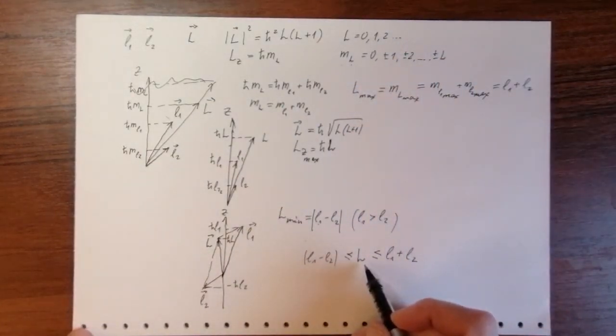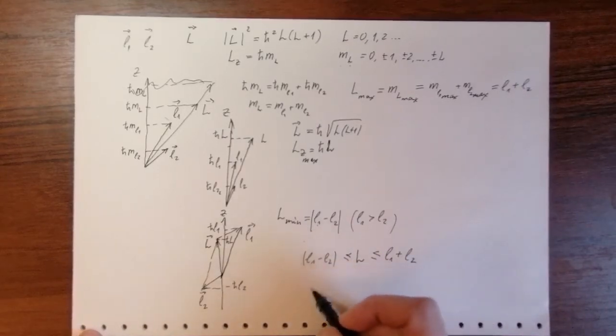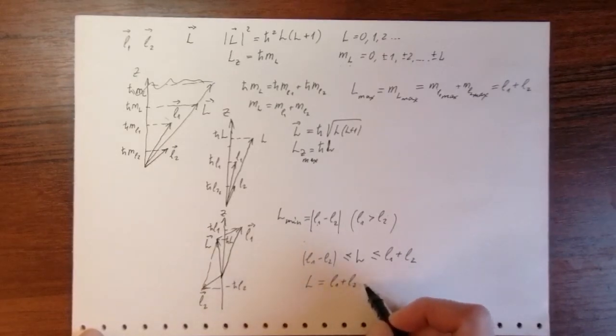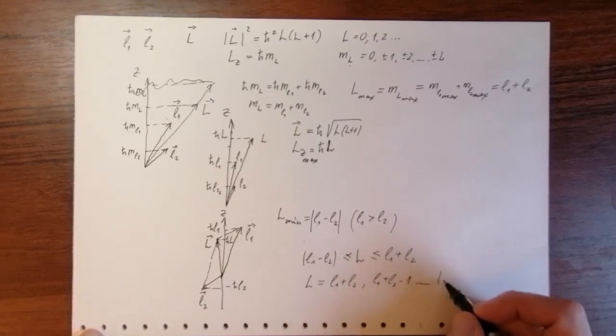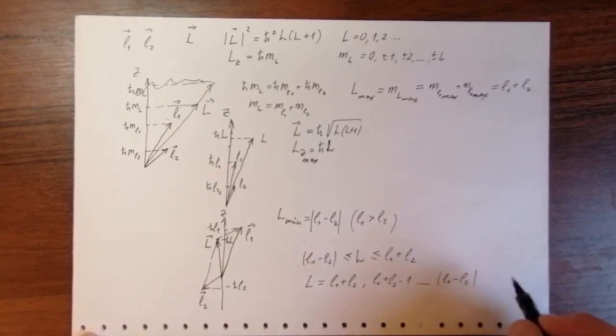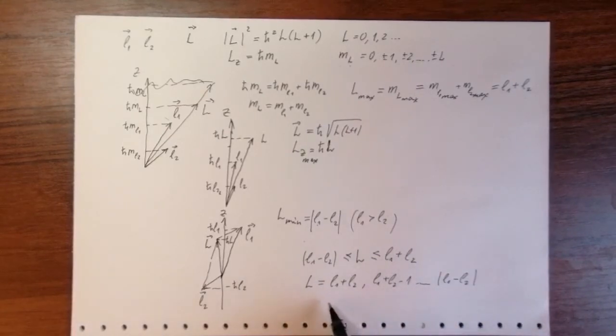So all the values which can be accepted by L are as follows. L can be L1 plus L2, then L1 plus L2 minus 1, this was the maximum value, and so on until the absolute value of L1 minus L2. This is the rule how we obtain the L number, the quantum number for angular momentum for a system of two particles with angular momenta characterized by quantum number L1 and quantum number L2.